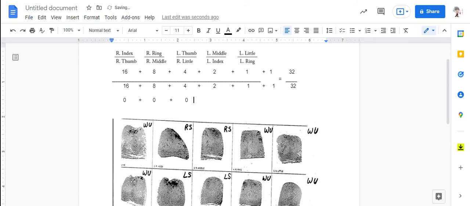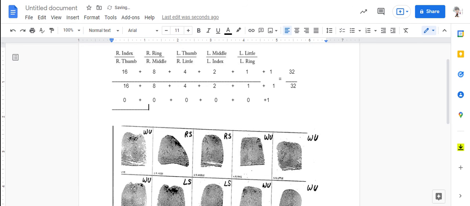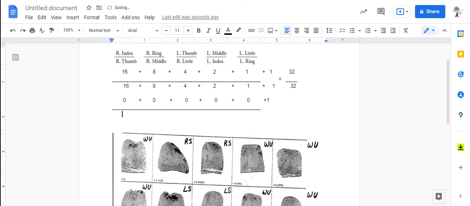And then the last 0. And we'll go ahead and add our 1 here. And then all zeros on the bottom, on the denominator, because again, we've got all loops and arches for this example.